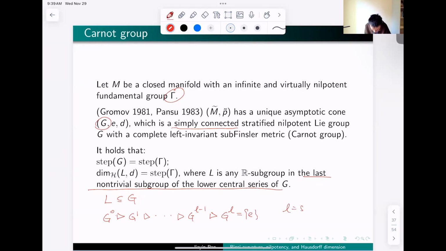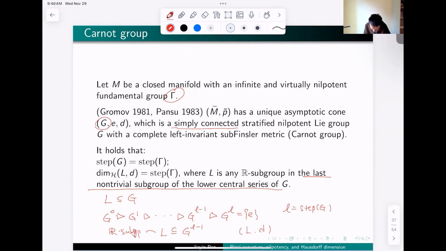So this s is the step of your G. If you take a non-trivial R subgroup inside G_{s-1}, then because your G has a distance function, you can consider this R with this distance function. This is really an R subgroup, by the way. I'm taking an R subgroup.